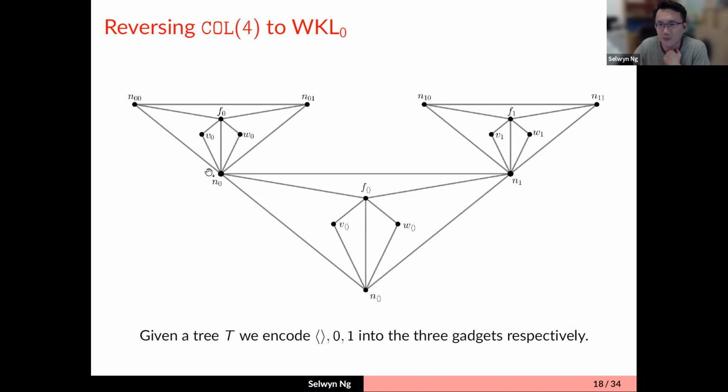We repeat up here, and with N1 we repeat another gadget. As you might imagine, N empty string stands for an encoding of the empty string, N0 stands for the 0 extension, N1 stands for the 1 extension, and so on. And here, of course, we have an infinite connected planar graph.